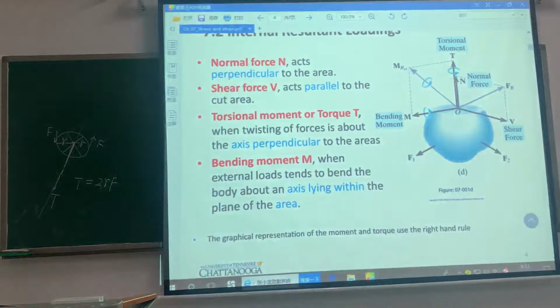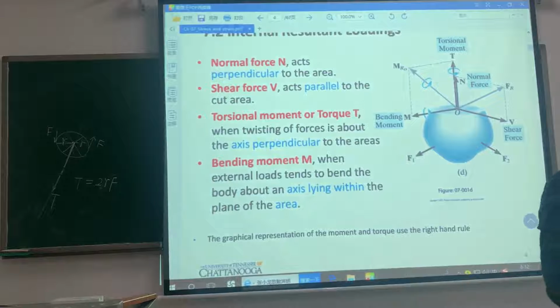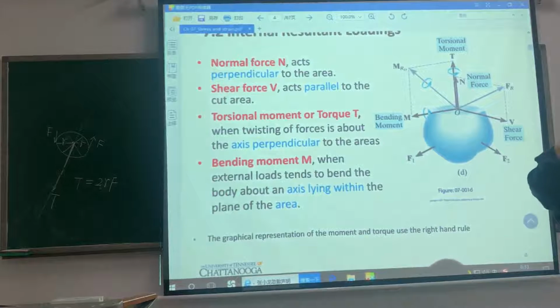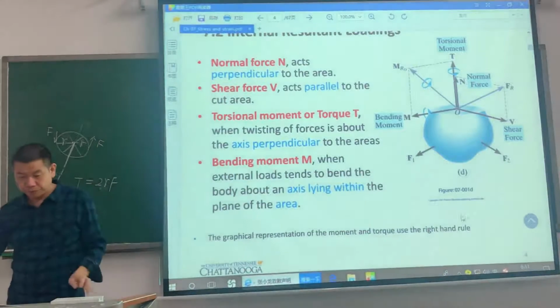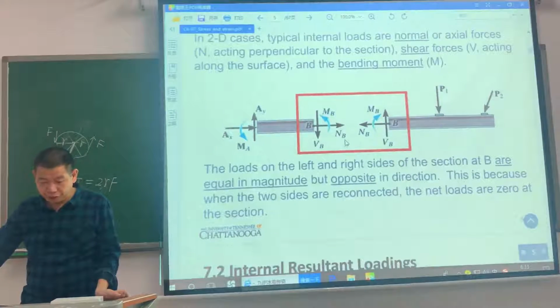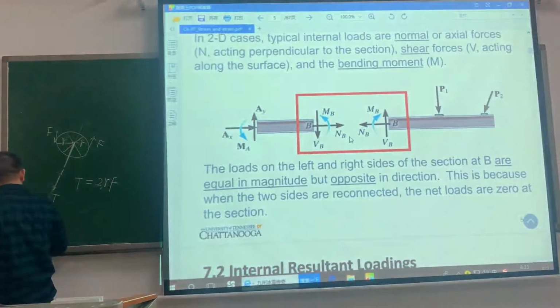If we analyze it, it will bend. In this case, it will bend.